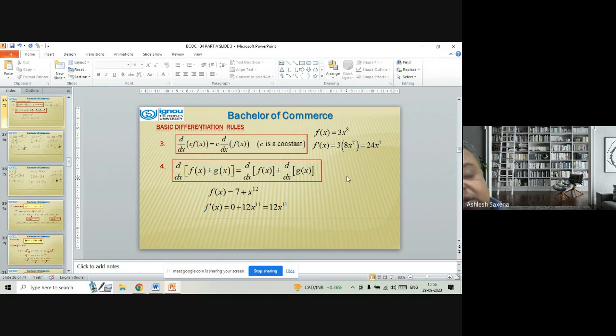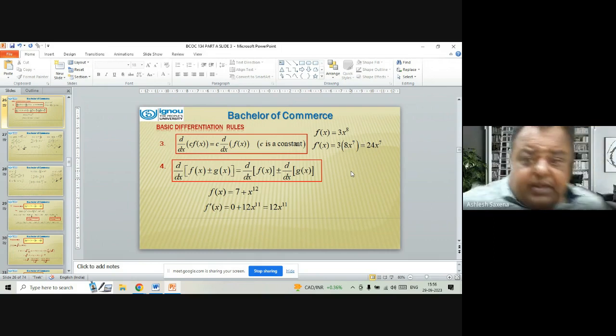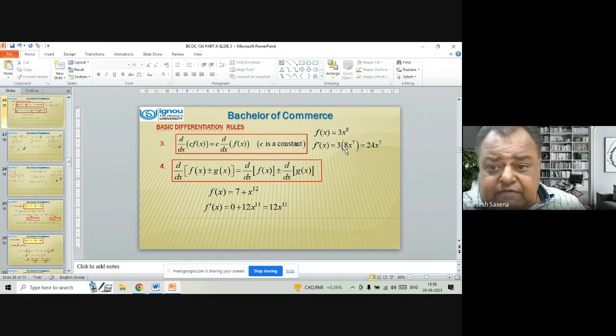So reducing 8 by 1 is 7, and bringing this 8 in front of x. That means the derivative of x raised to the power 8 is 8x raised to the power 7. Now I will be multiplying this. This becomes 24x raised to the power 7.